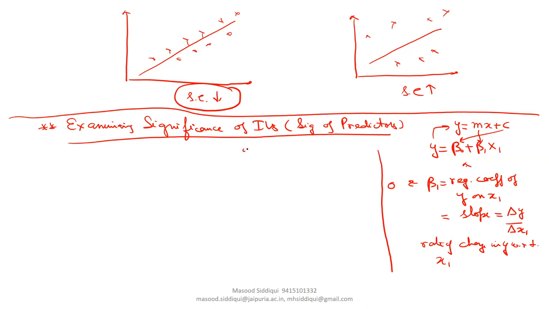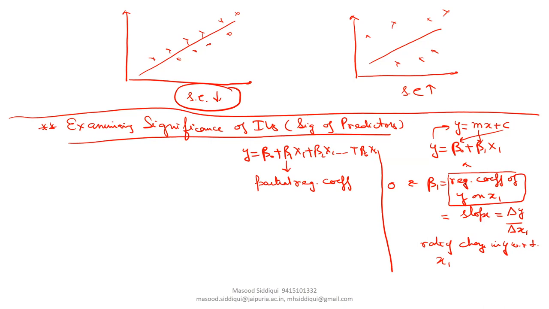Let us generalize the case: y is equal to beta 0 plus beta 1 x1 plus beta 2 x2 up to beta 6 x6 and so on. These regression coefficients are now known as partial regression coefficients. Earlier we used the term regression coefficient because we had a single independent variable, a single predictor, so we were concerned with x1 only.